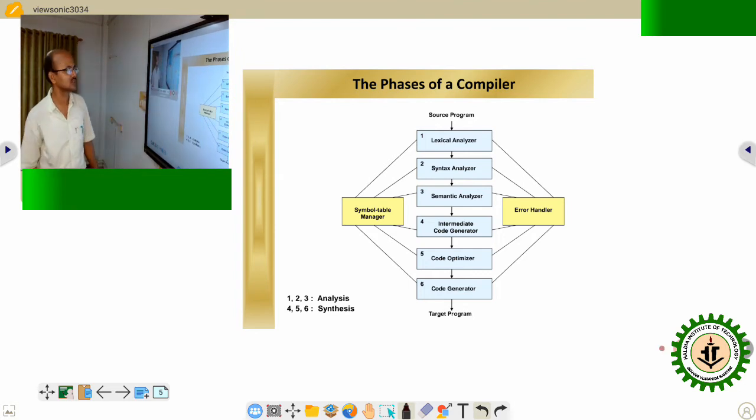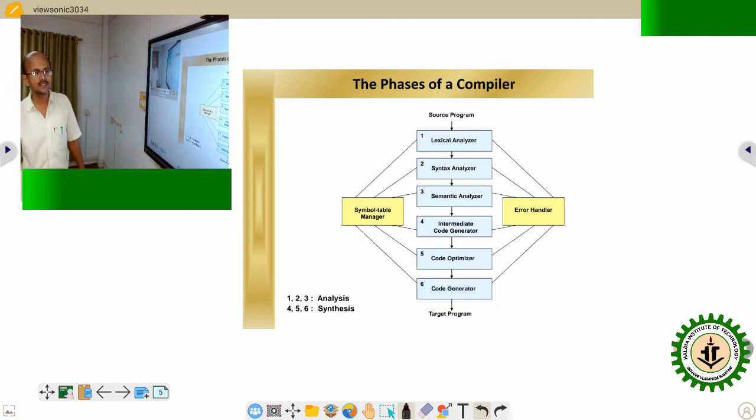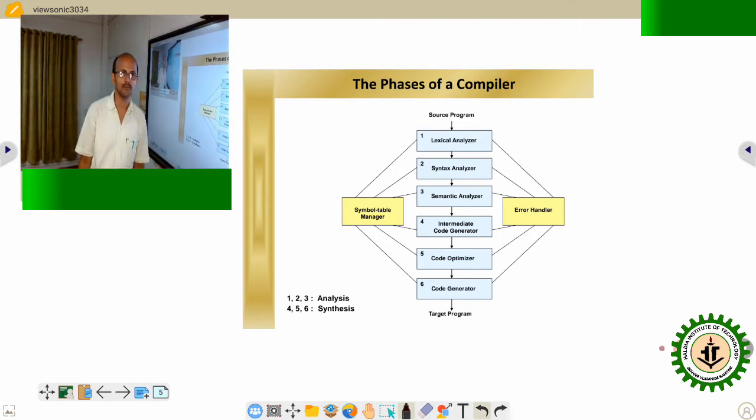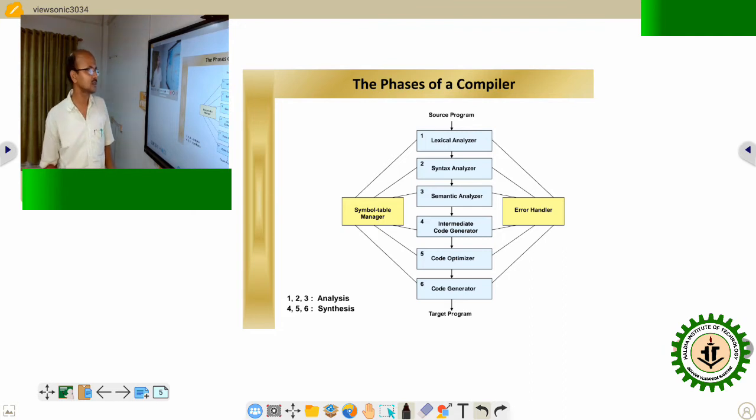The typical phases are lexical analysis, syntax analysis, semantic analysis, intermediate code generation, code optimization, and the ultimate target code generation. Then the output is the target program. Through a number of phases, a little transformation is made on the source program, and ultimately we get the target program.